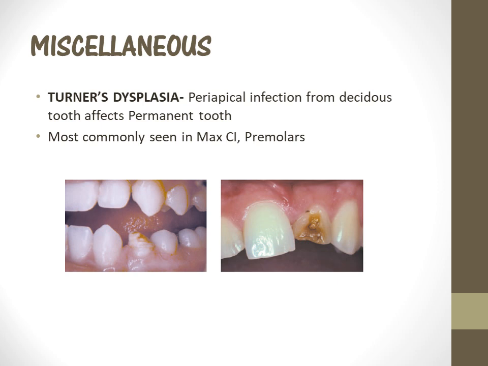Okay, only one particular tooth is involved, whichever tooth has periapical infection. So these are most commonly seen in maxillary central incisors and all types of premolars. Okay, this is another important MCQ where periapical infection from deciduous teeth can spread into a permanent tooth. Adequate treatment would be root canal treatment and full coverage restoration.